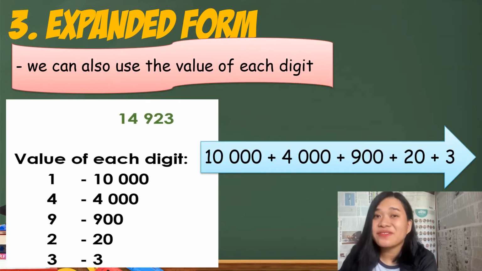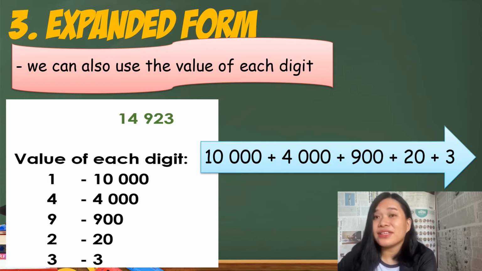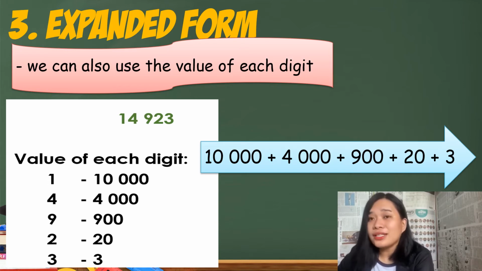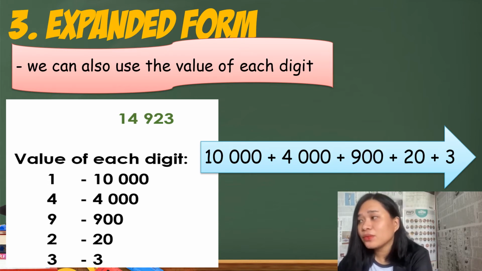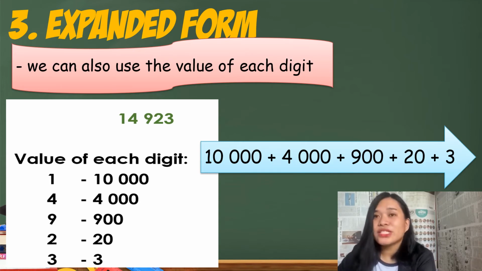We also use the value of each digit to express numbers in expanded form. A number is written in expanded form by simply giving the value of each digit. So we have an example here, 14,923. So we get the value of each digit. 1 is for 10,000, 4 is 4,000, 9 is 900, 2 is 20, 3 is 3.